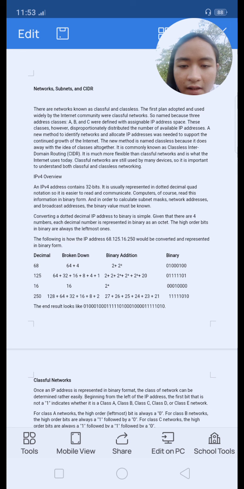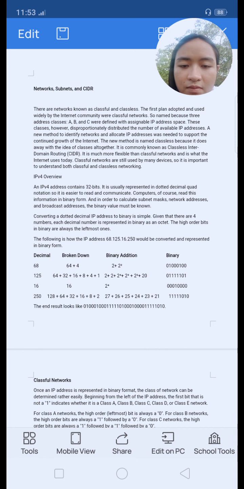So if we are going to the binary edition, 68 becomes 2 to the power of 6 plus 2 to the power of 2. So in binary form, we have 0100.